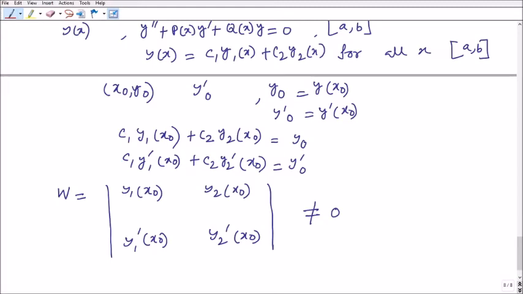The value of this determinant is represented by a quantity W, which is called the Wronskian.